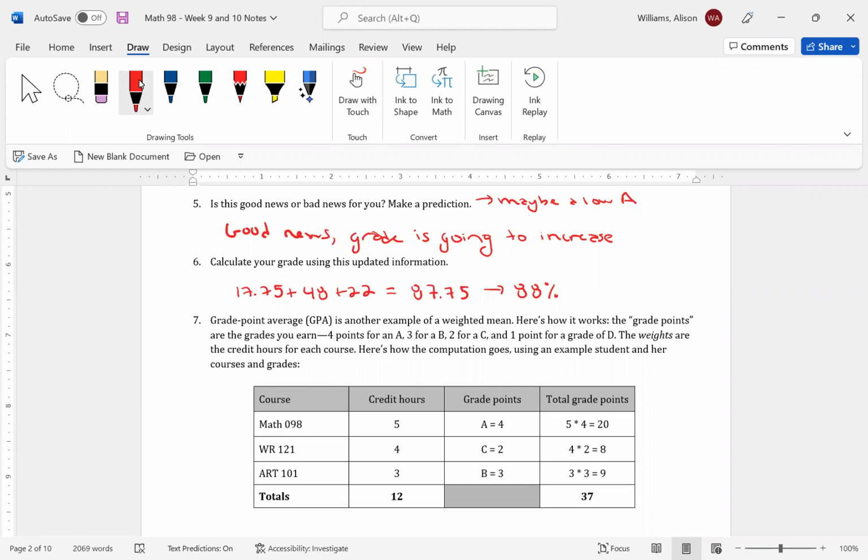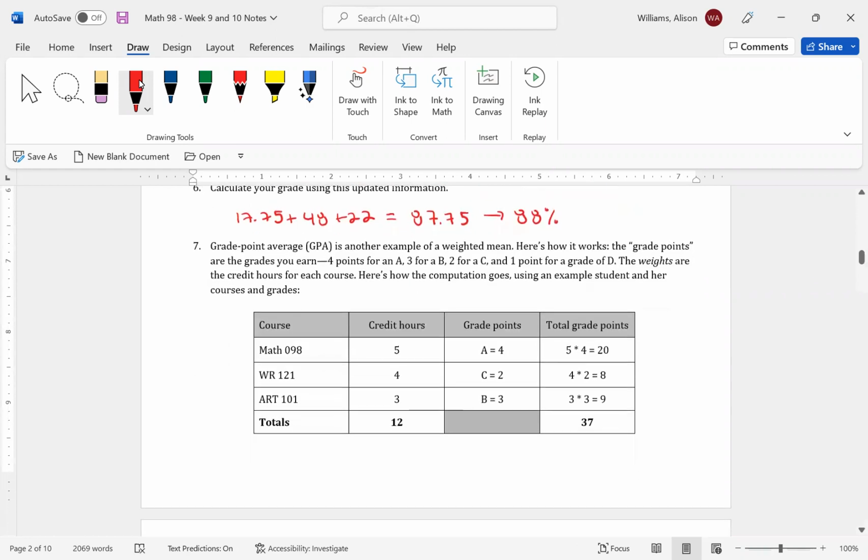So here we go. They show how they calculate the grade points for this particular person. They gave the credit hours for each of the classes and then the grade points based on the grade they earned. So they got an A in Math 98, which is 4 grade points, a C in Writing 121, which is 4 credit hours.